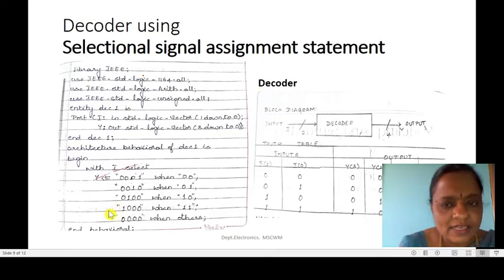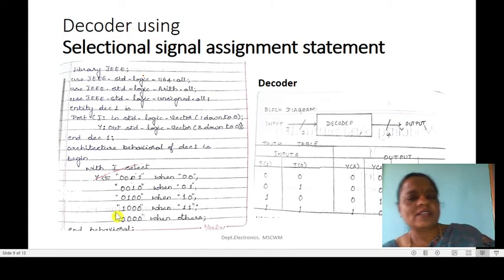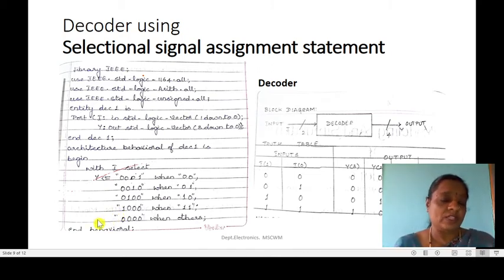Okay, and here I have written one example with a lot of complicated variables. Now I want to tell you one simple example to understand the decoder using the selected signal assignment statement.